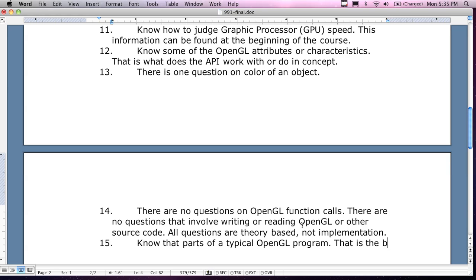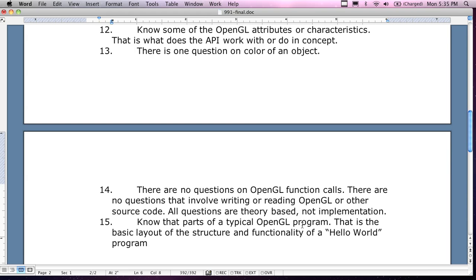That is the basic layouts of the structure and functionality of a hello world program. That probably means the inits and stuff, the basic components, the display, yeah. That's what I'm talking about.